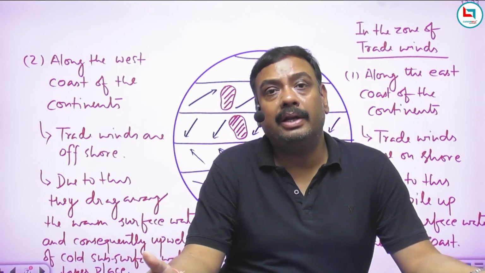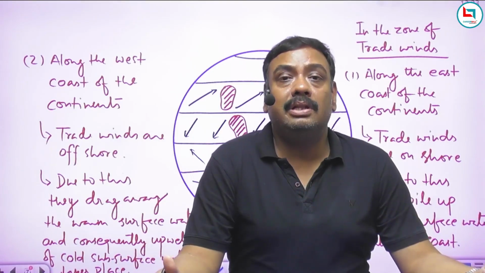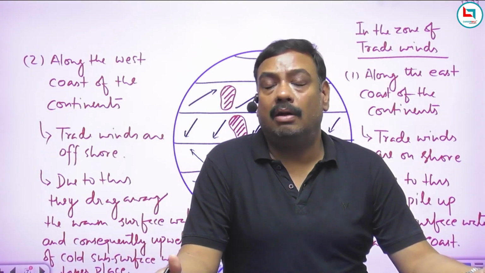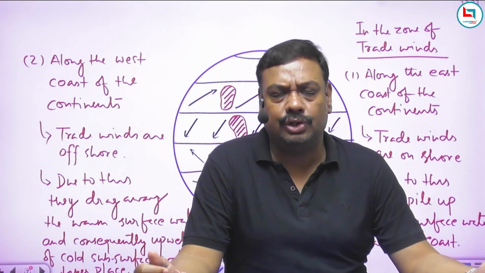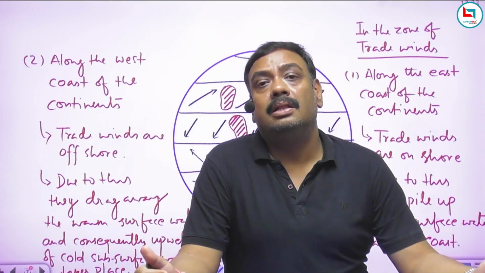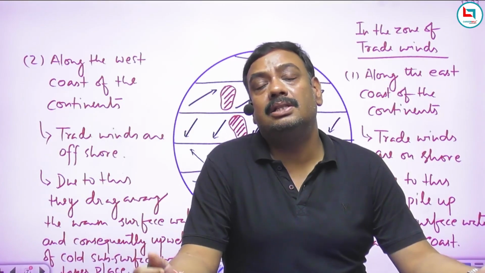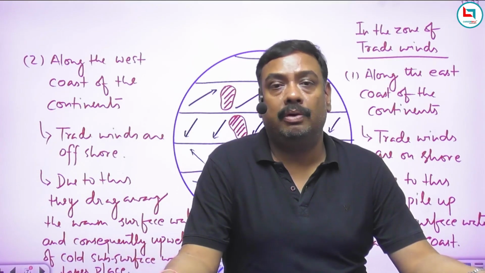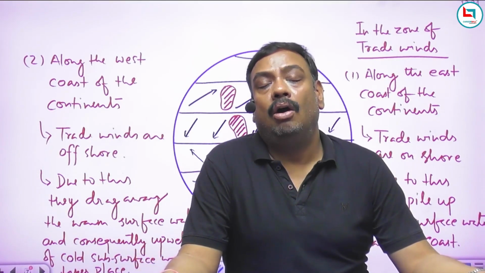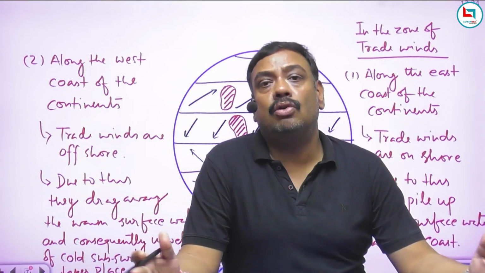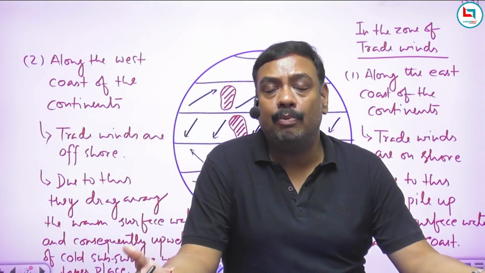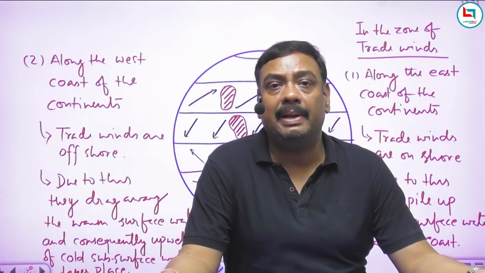What is important here is in which zone these trade winds and westerlies are, and for which coast they are onshore and for which coasts they are offshore. Wherever they are offshore, they drag away so much surface water, so that upwelling of cold water is taking place there.